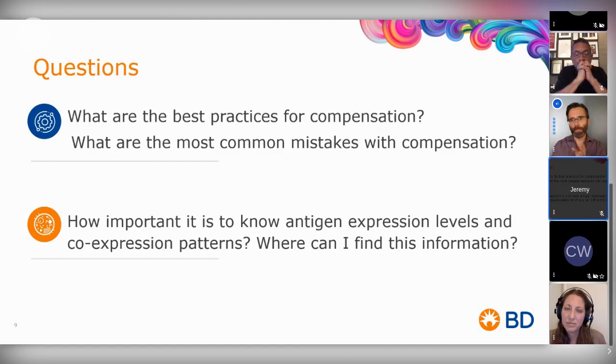So if we're trying to quantify this spillover of a particular fluorochrome, then I would say the most essential best practice is to use the exact same fluorochrome, and Yolanda touched on this exactly. You need to use exactly the same fluorochrome that you're going to be using in your sample, or else you're not going to be able to quantify correctly. So I would say the most common mistake is exactly not applying this best practice.